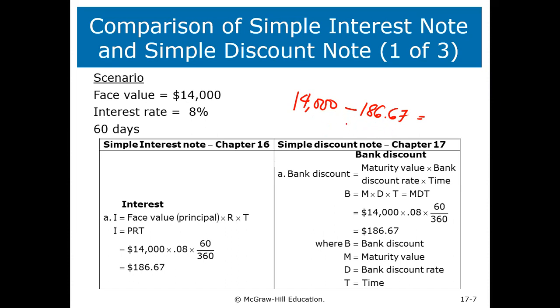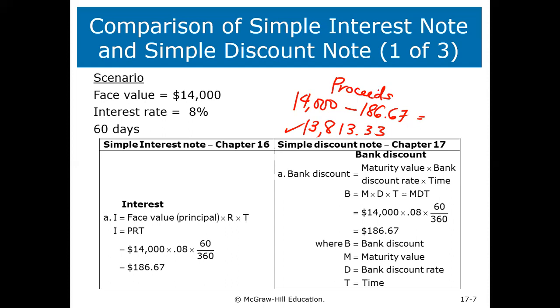So what's the proceeds, guys? It's 13,813.33, right? Is this correct, class? This would be the proceeds. Remember, class, the proceeds is the amount that you will get once the discount is deducted.